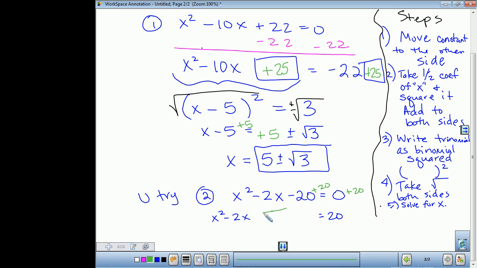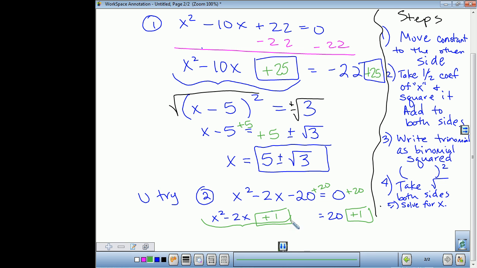Now this is where we're going to complete the square. Right now what we have is not a perfect square trinomial. So when we take half this coefficient and square it and add that number to both sides, we have turned this into a perfect square trinomial.